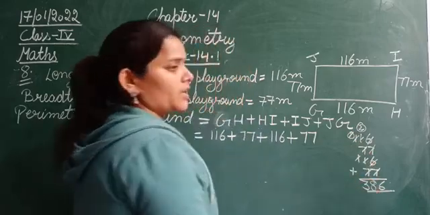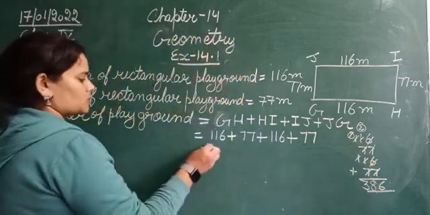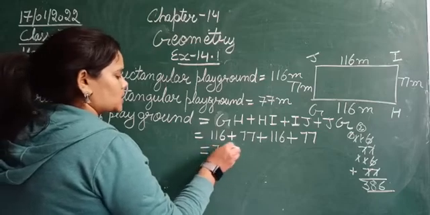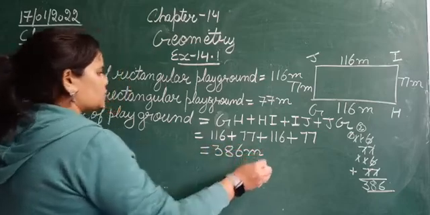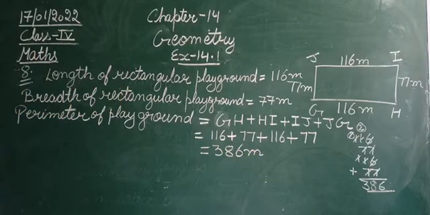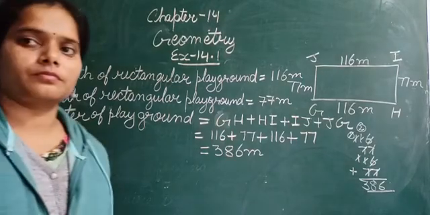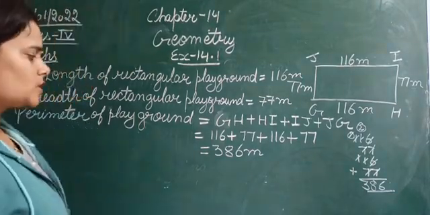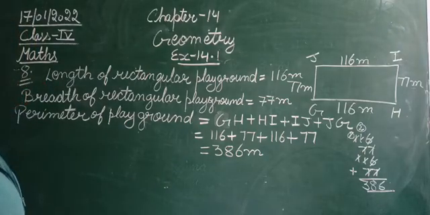So this is 386 meter. So the perimeter is 386 meter. The perimeter of the playground is 386 meter. Now this is the perimeter.